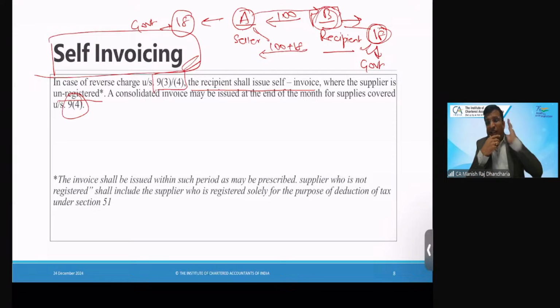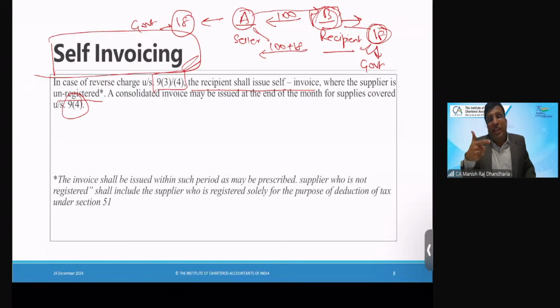If the recipient is unregistered, then what to do? Very good question. Someone is asking what to do if the recipient is unregistered. Let me clear one thing. There are two kinds of RCM. One is compulsory RCM. One is RCM only applicable for a registered person.